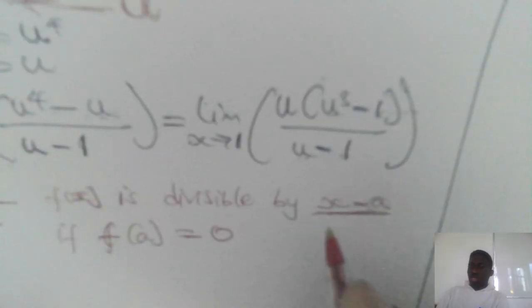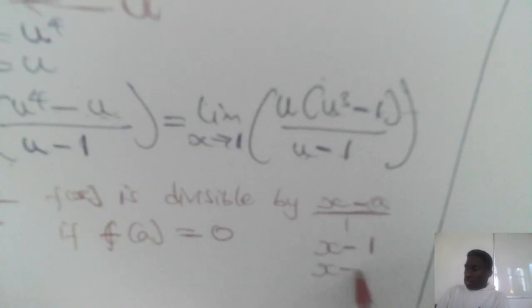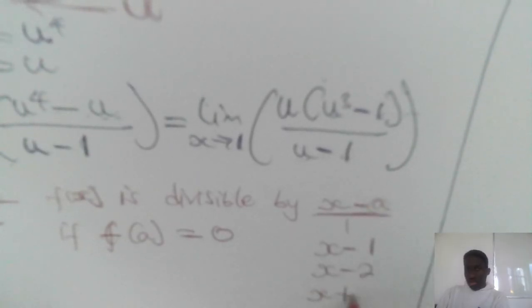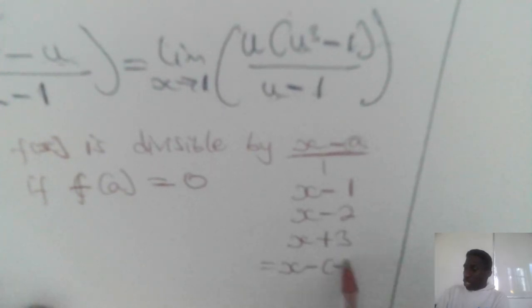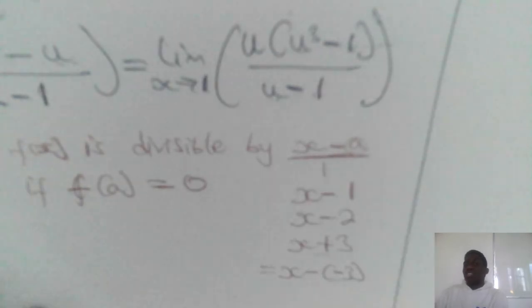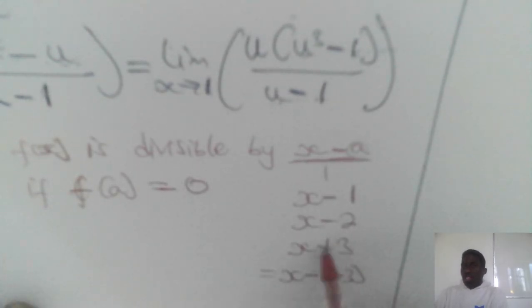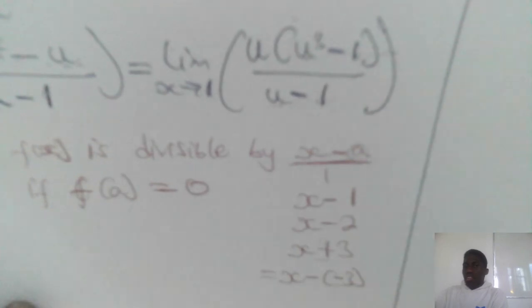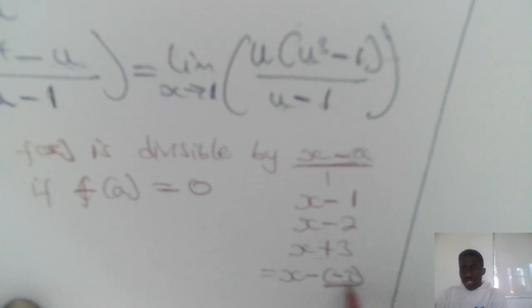By x minus a, I mean your function can be of the form x minus 1, x minus 2, x plus 3, which is similar to x minus minus 3. So it is minus 3 that will be substituted into the function. If it's a plus, then you use minus that number, because x plus 3 is the same thing as x minus of minus 3. So I'm going to use minus 3 in this case.